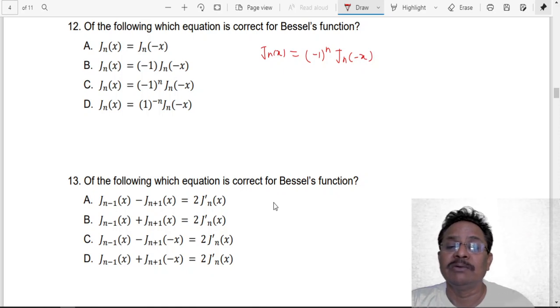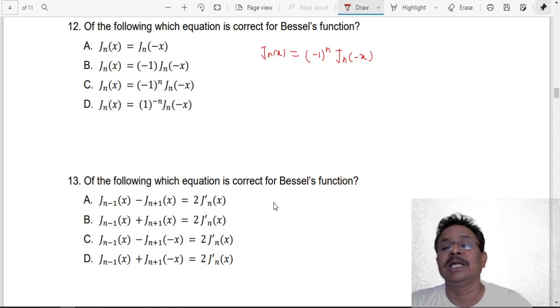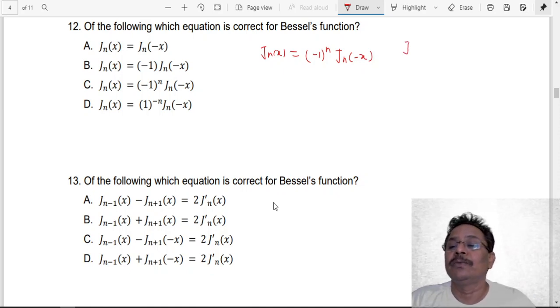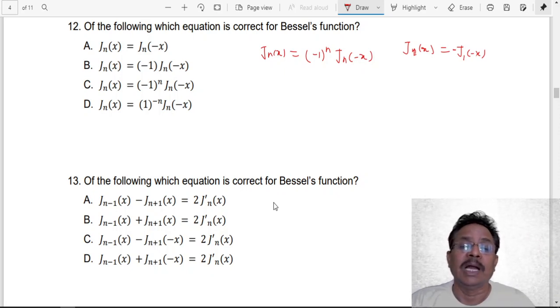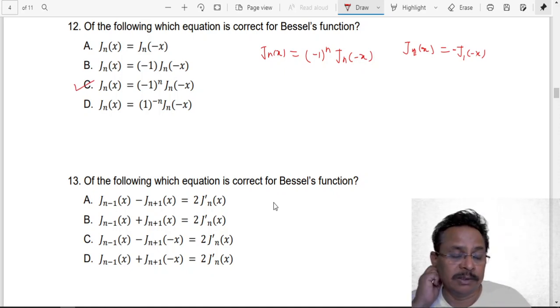When I go for J1 of x and J1 of minus x, in this case minus 1 raised to 1 is minus 1, and therefore there will be a change in the sign between J1 of x and J1 of minus x, and that's why they are said to have odd parity. So this type of parity can be determined by this property, and therefore option C is the correct option for this type of Bessel function.